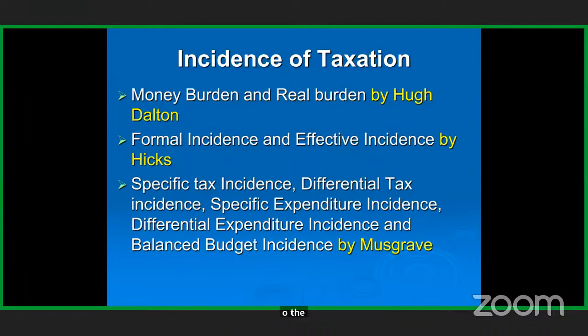Another one is effective incidence. According to Hicks, he observed that the calculation of formal incidence does not tell us directly of the taxpayer's reaction to the changes of taxation and various consequences of the tax. In this way, Hicks defines the second concept of effective incidence as follows.